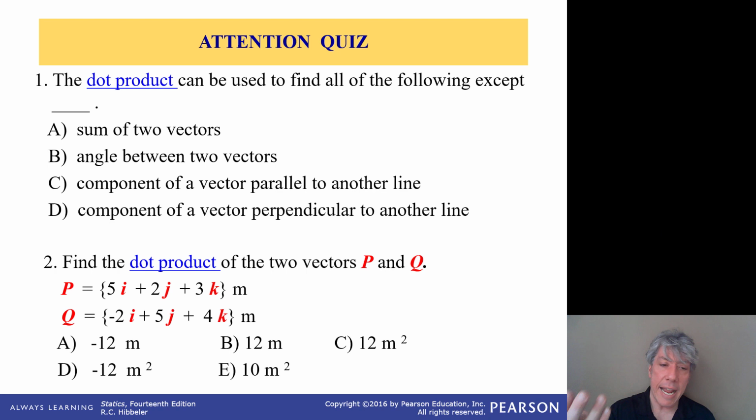But then we need to add to that 2 times 5 from the j component or the y component, so they just cancel out. And then lastly, we need 3k times 4k. Well, k dot k is 1, 3 times 4 is 12, 1 times 12 is 12, and the units we would expect would be meters times meters, so meters squared. The only answer that matches that is C, and so our answer is 12 square meters.